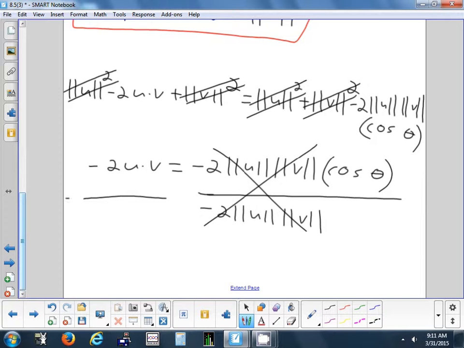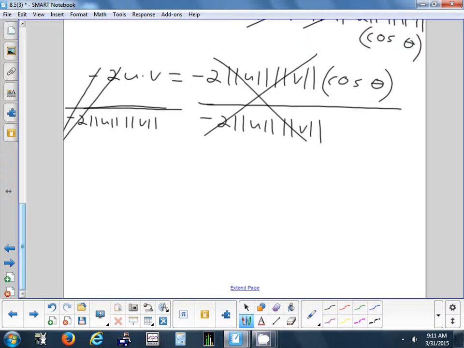Before I write my final answer, is there anything else I could cancel on the left-hand side? Yep, the negative 2's. So all that you end up with is the dot product of two vectors divided by the product of their magnitudes. That's equal to the cosine of the angle.